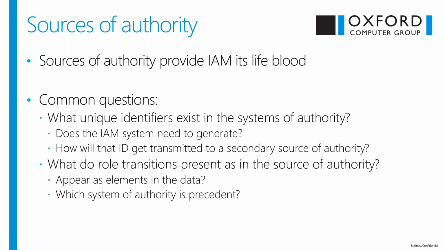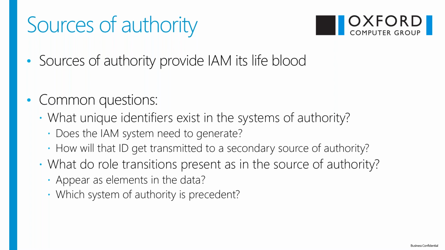How can I uniquely identify every single user in that system, and is it unique across multiple systems? And then in some cases, we say we have the identity and access management system generate those unique values. And then we maybe spit those back out to the sources of authority so that they can be tracked holistically outside of the identity management system, and we're putting that in the source of authority.